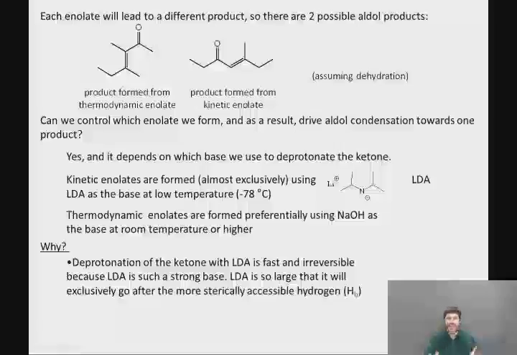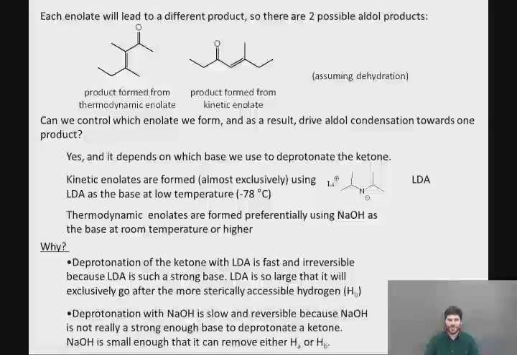Its conjugate acid has a pKa of 33, so we're looking at 14 pKa units stronger of a base than the enolate is. So if it does the acid-base reaction, that's why it's going to be irreversible. But then secondly, as we've already looked at, LDA is large, so it's going to go after the more sterically accessible hydrogen, which is HB.